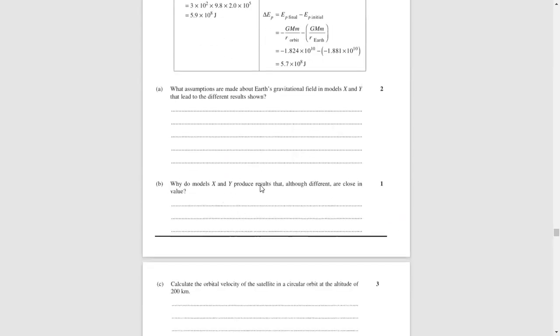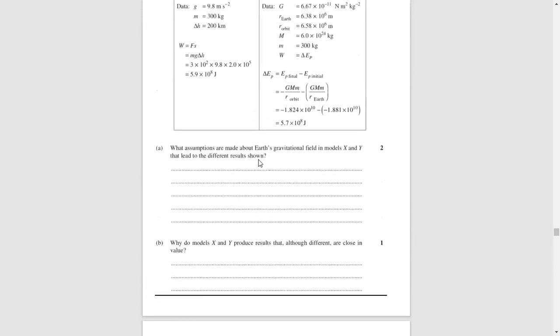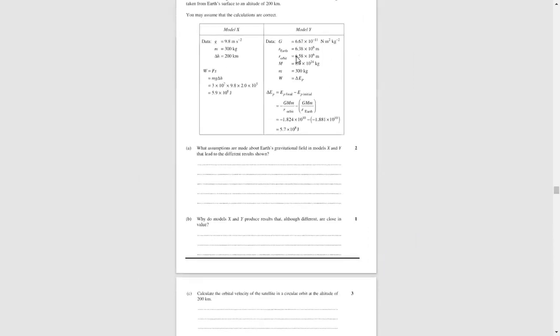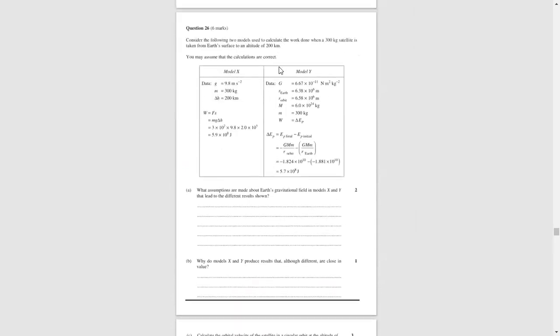Why do models X and Y produce results that, although different, are close in value? Oh, we kind of just accidentally answered that, because the radius of 200 kilometers is still quite close in this grand scheme of things. The Earth is 6,400 kilometers in radius. 200 kilometers is notable and you are out at the border of space, but you're still quite close to Earth. Most satellites are above that.